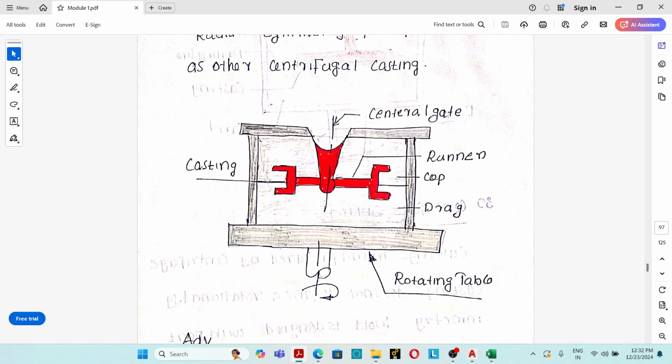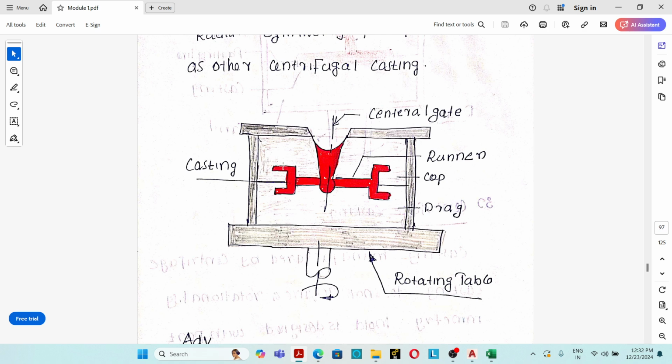See here, the cavities are located along a circle, and there is a central sprue which feeds molten material into the cavities. These cavities are located away from the axis of rotation, so a large force acts over the molten material, the components will be high density, and the impurities will be located nearby the axis of rotation.